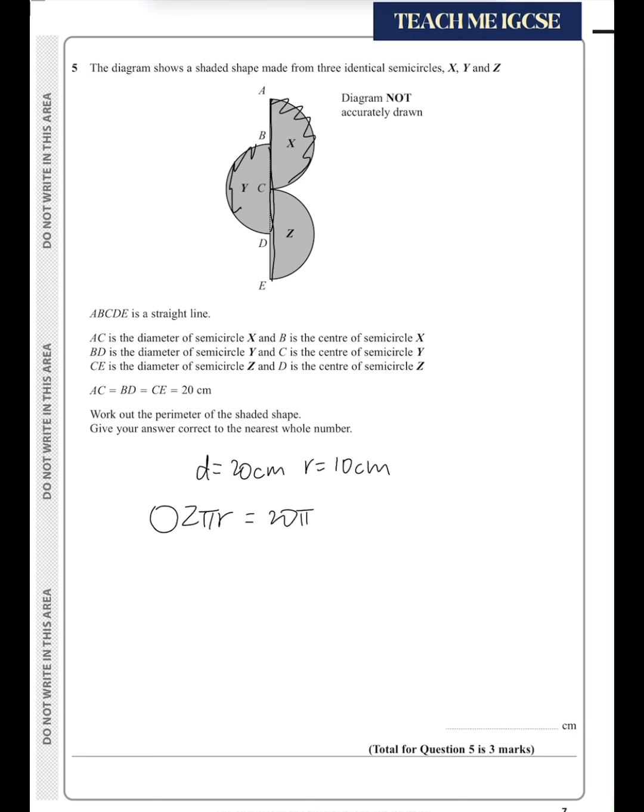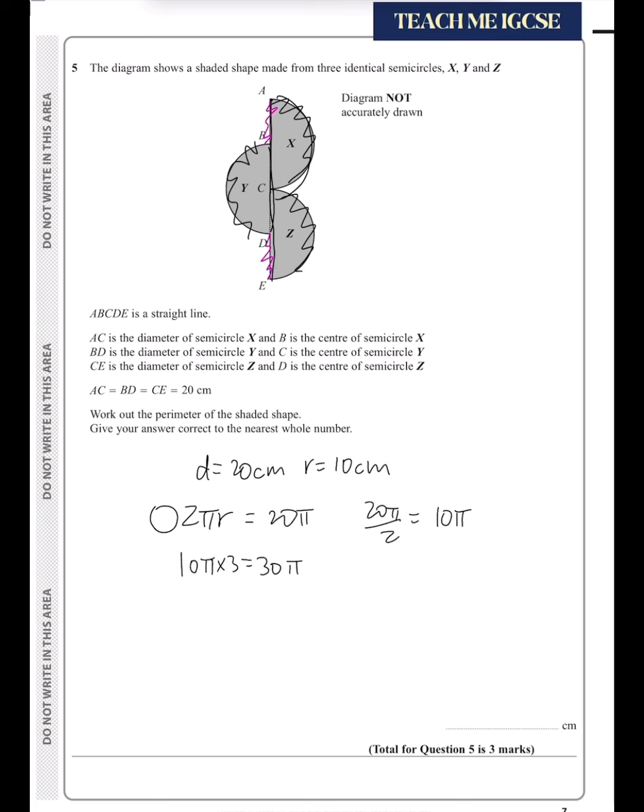If we want just one of the sides, we'll do 20 pi over 2, which gives us 10 pi for each. And since we have 3, we'll do 10 pi multiplied by 3 to give us 30 pi. But that's not finished because we still have to find this length and this length.